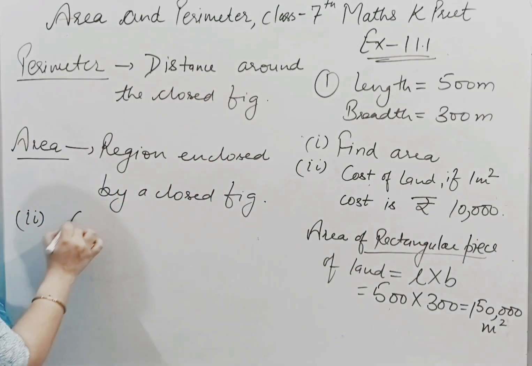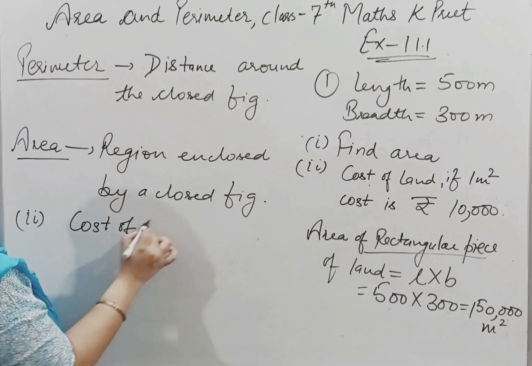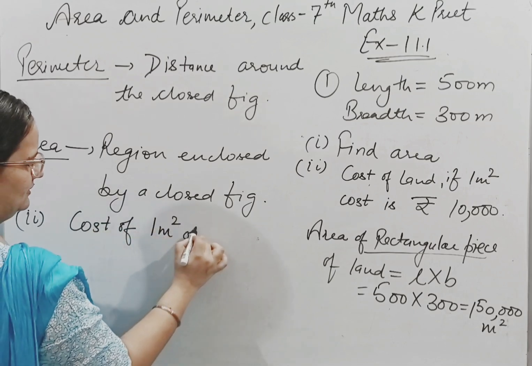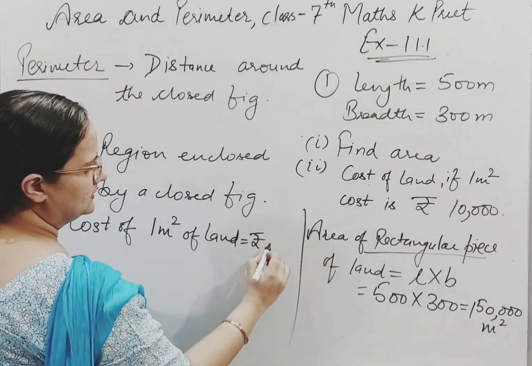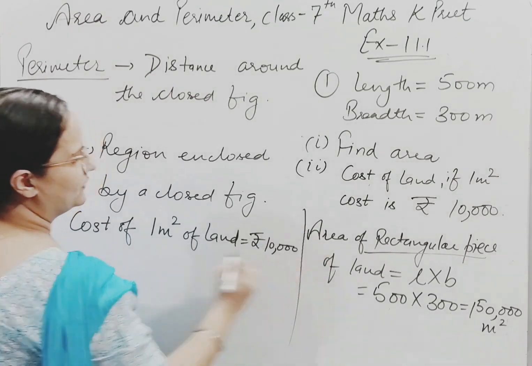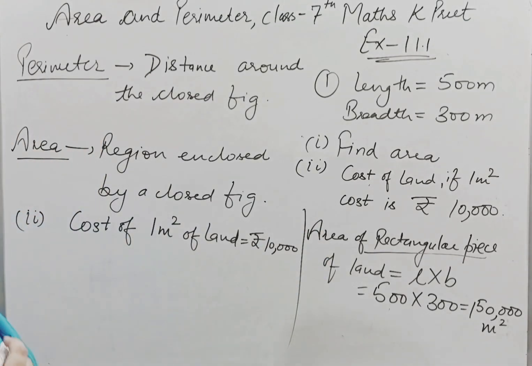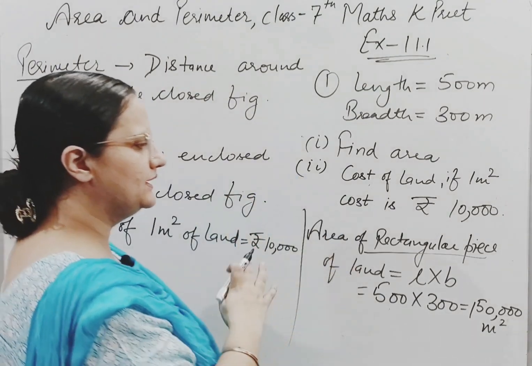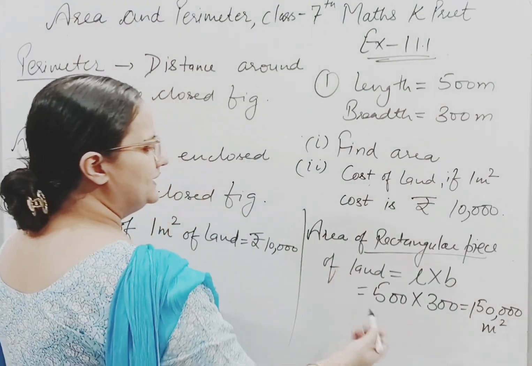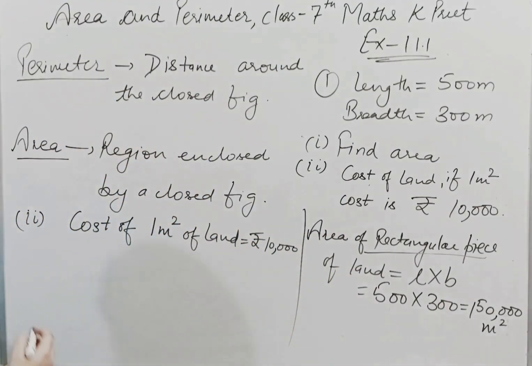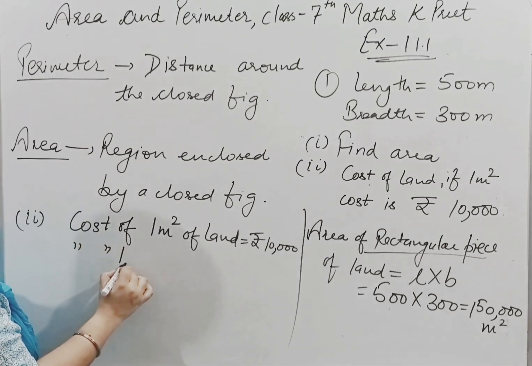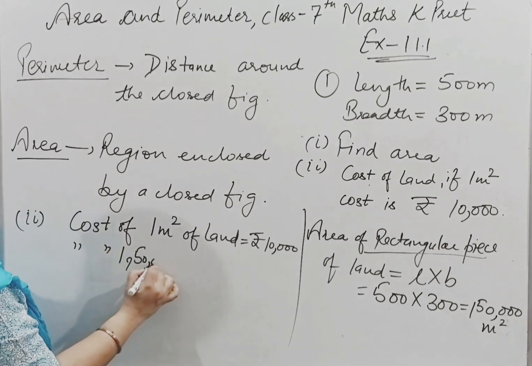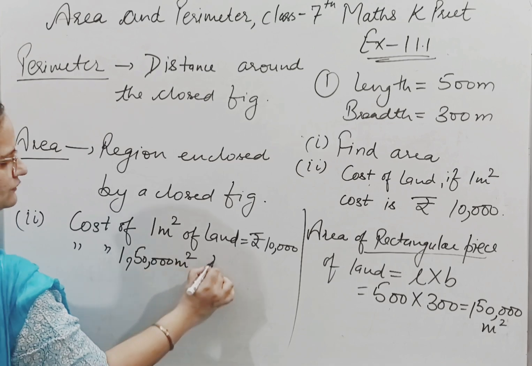So we will write cost of 1 meter square of land is equal to rupees 10,000. We have to find the cost of this full area of land. So full area is what? 1,50,000. Then cost of 1,50,000 meter square we have to find.